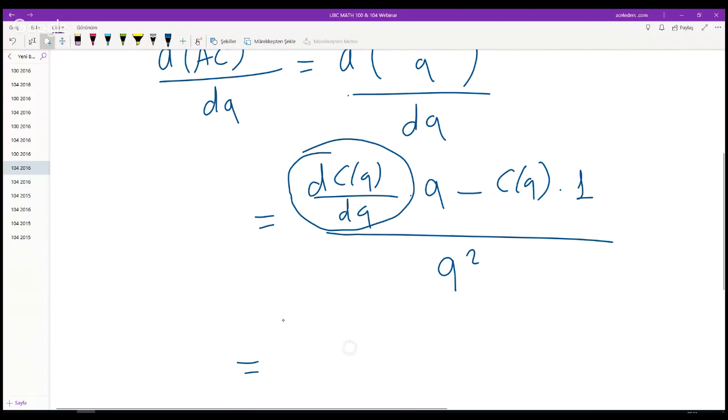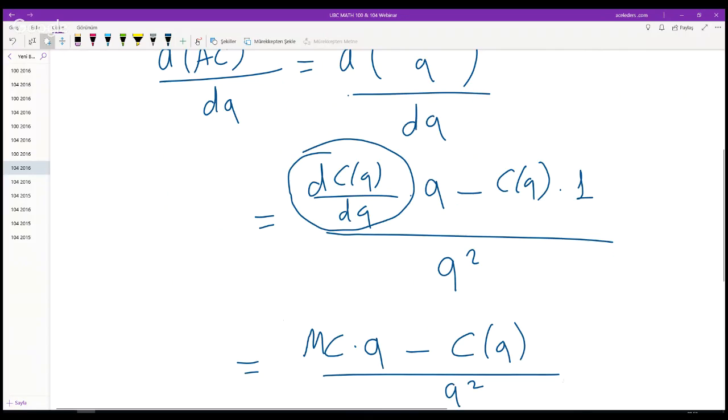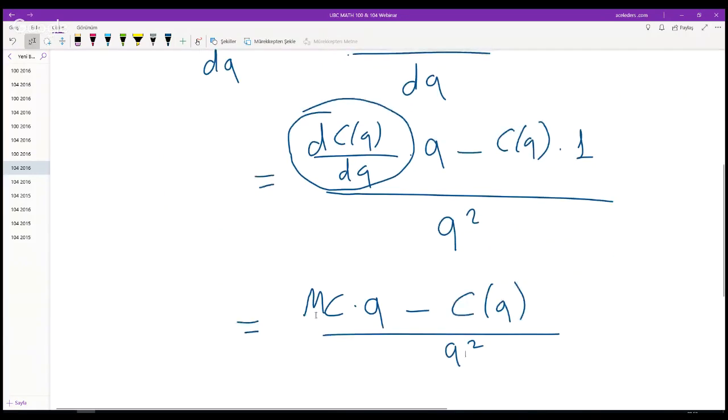So therefore, marginal cost times Q minus total cost over Q square. So this is the derivative of average cost with respect to Q.